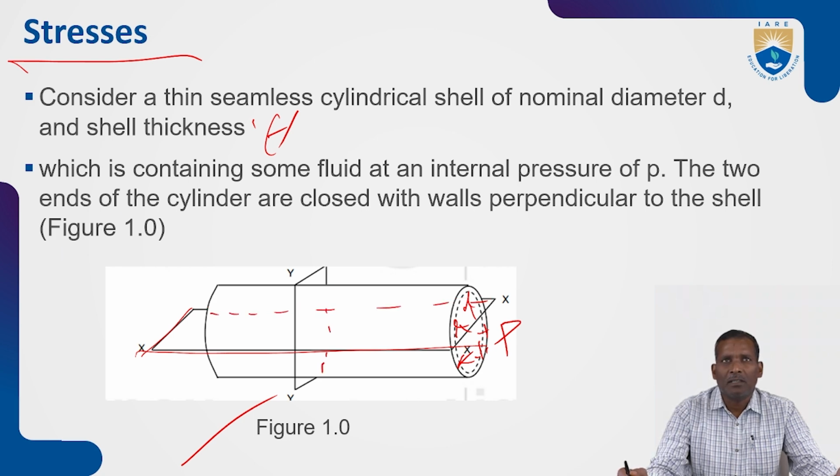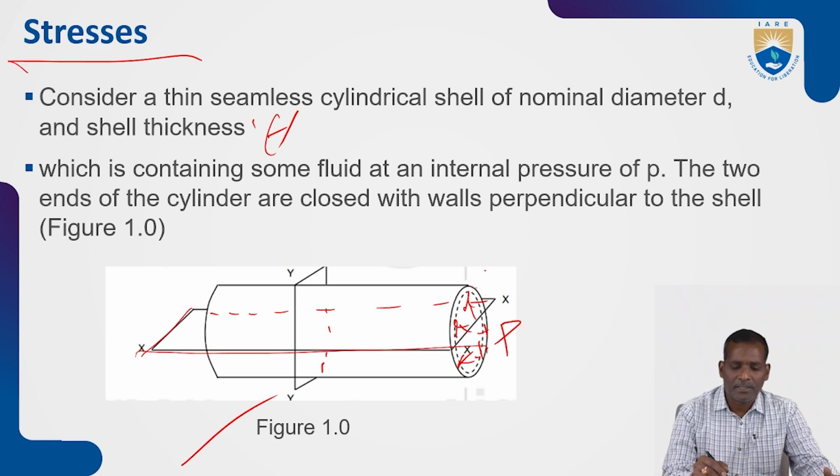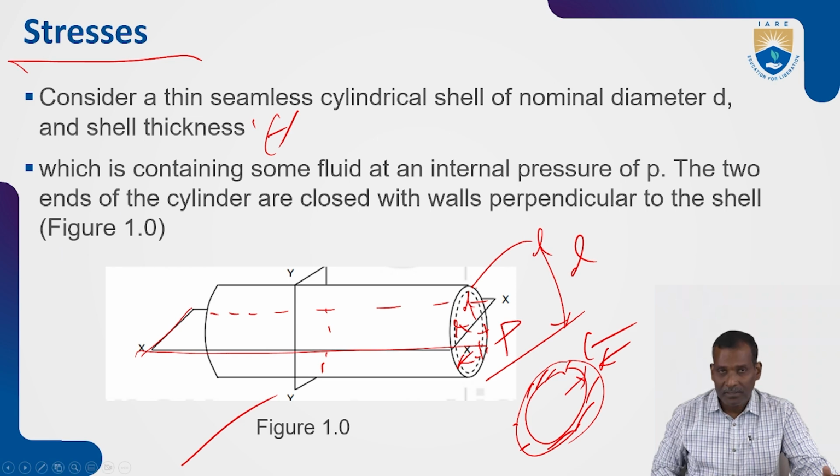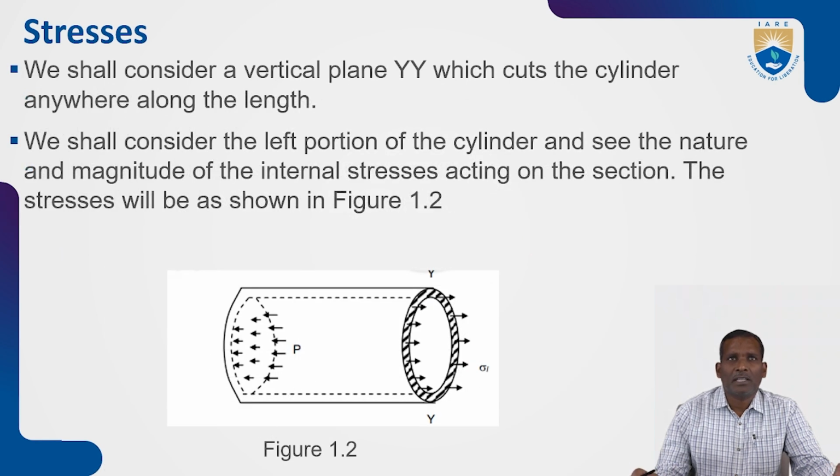So consider this thin seamless cylindrical shell. The diameter is D and the shell thickness is small t. We shall consider a vertical plane YY which cuts the cylinder anywhere along the length.